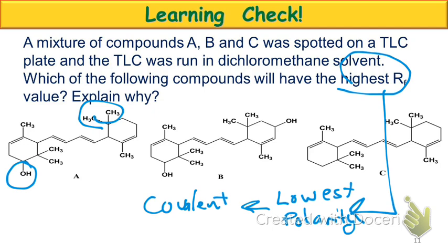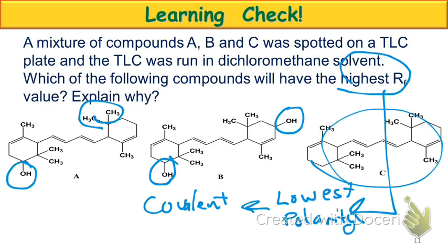What does B have? Polar covalent again, but now there's two of them. Which one's more polar? Compound B. It has more polar interactions. And we move to compound C. All covalent bonds, which means lowest polarity, which means highest RF.